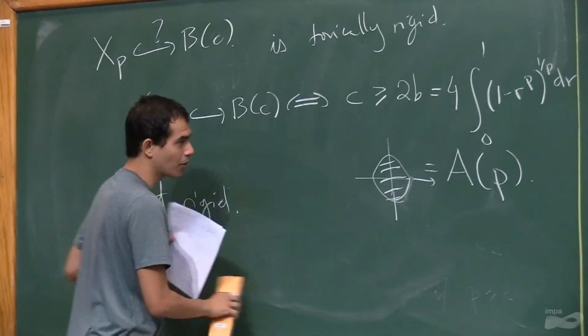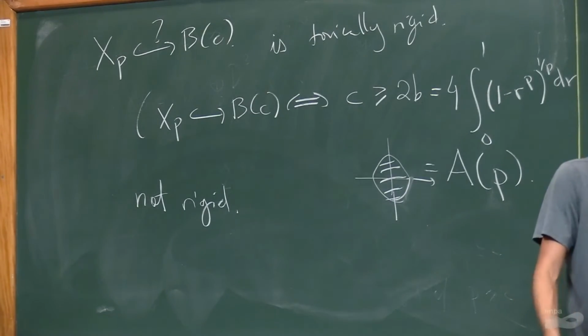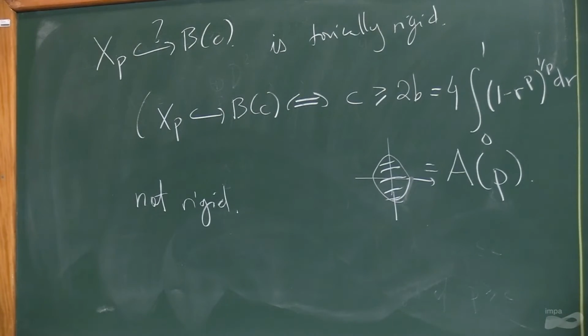Okay, so I guess it's more interesting now. Let's look at the case where p is greater than 2 to see what's happening. When p is greater than 2, we have what's called a concave toric domain, which has a different behavior, and computing capacities is a pretty different game from the convex toric domain.